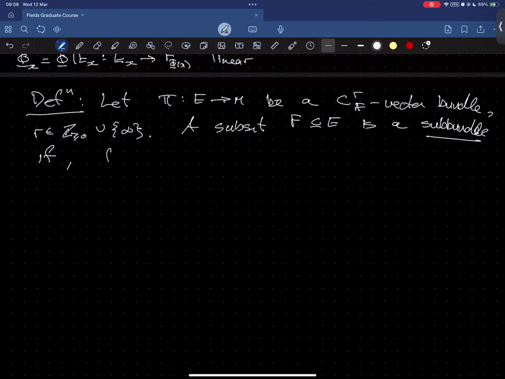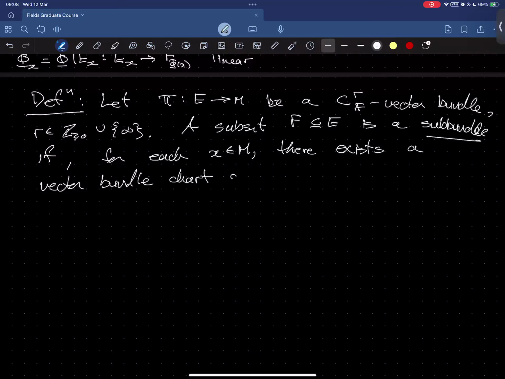So if for each x in M, there exists a vector bundle chart about, so sorry, let me give the notation for this thing. So it's going to be the vector bundle charts we had written as V psi.